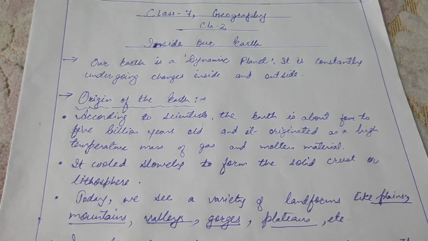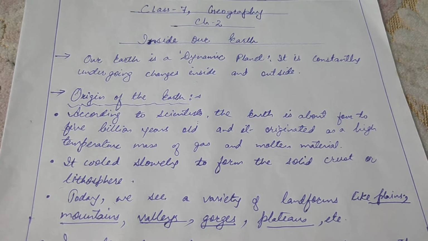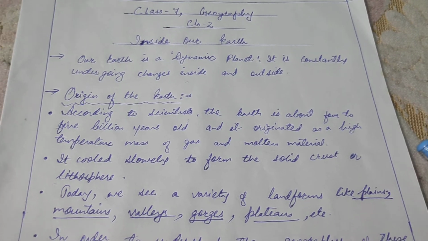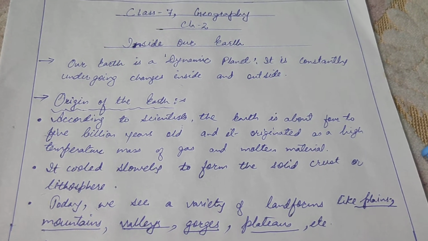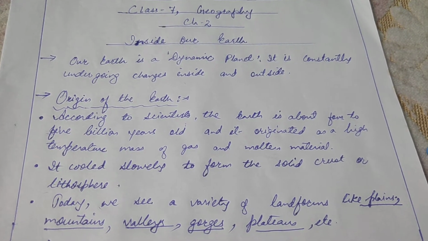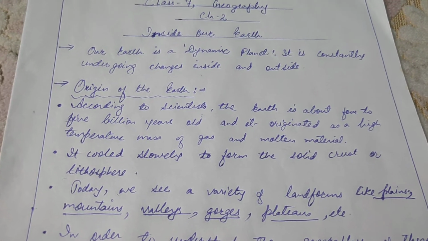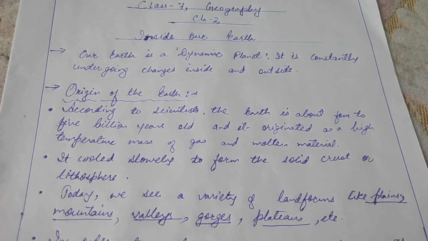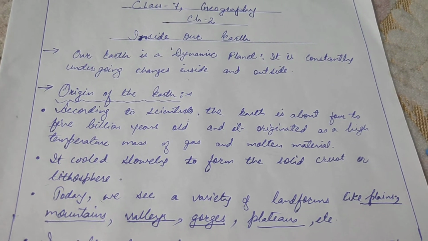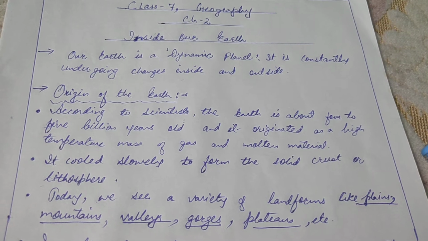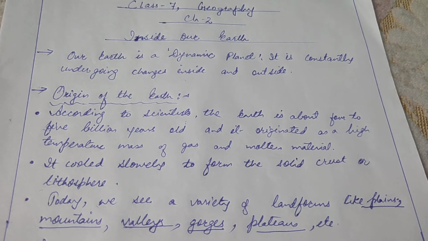They are found on the lithosphere only, and they were formed due to the cooling of the mass of hot gases and molten material. When it cooled down, it formed the solid crust or lithosphere, and in that solid crust these different landforms came into evolution.